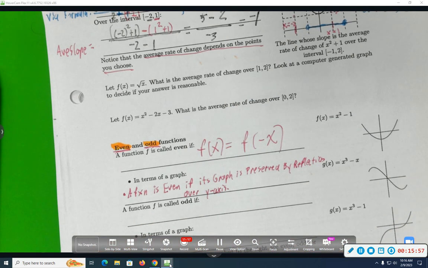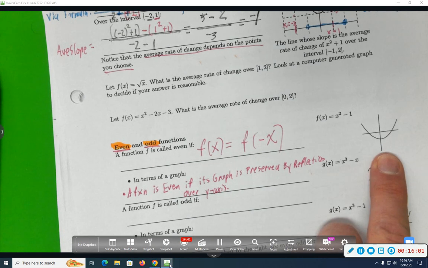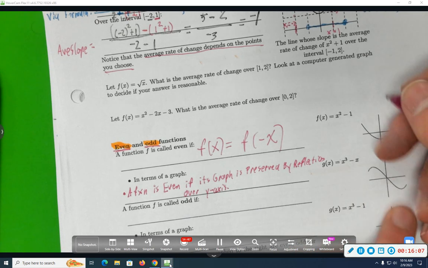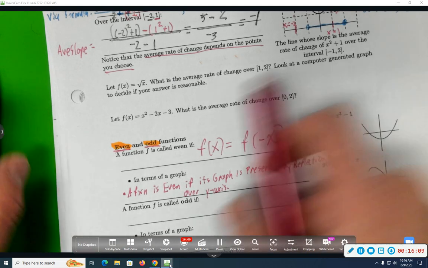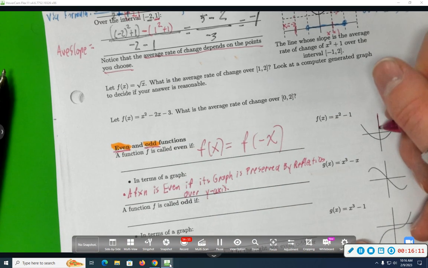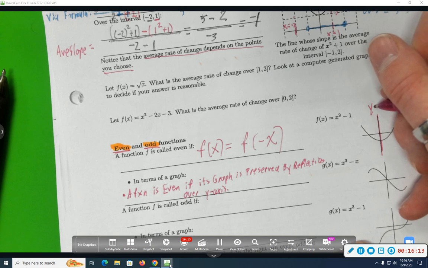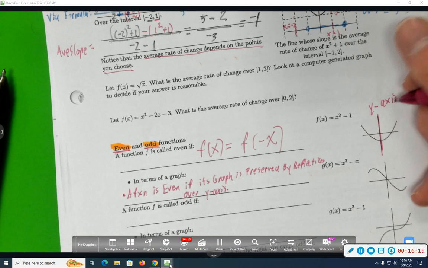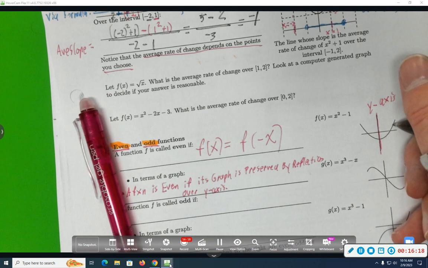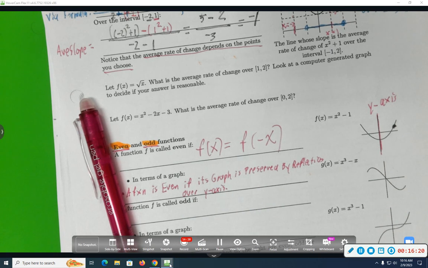Let's see if this agrees with intuition. So here's a function, f of x equals x squared minus 1. Let's see what happens when you reflect over the y-axis. Here's the y-axis. Here's a point on the graph of the function that's reflected over that pink line.